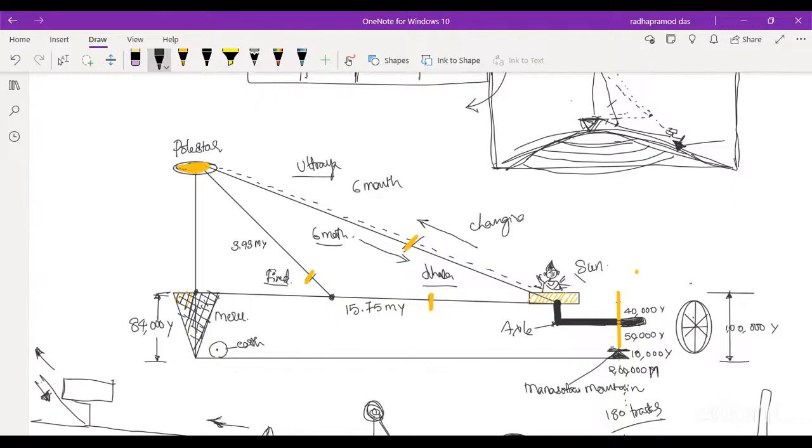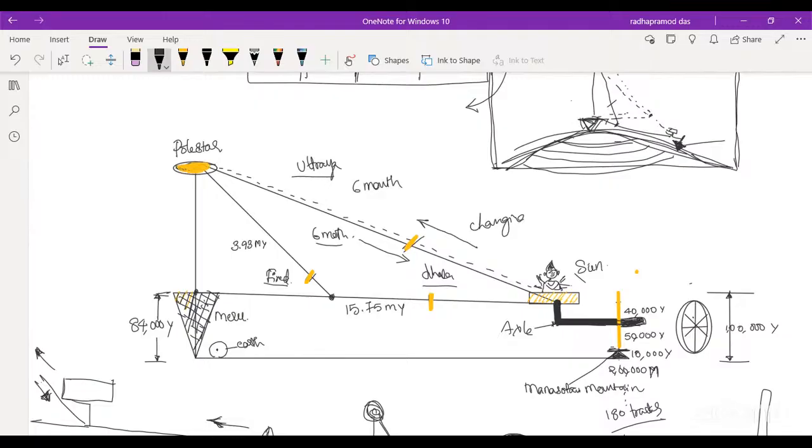After that, at 50,000 yojanas is the chariot's axle, the height where the axle starts. Then the chariot size will be almost 40,000 yojanas, of the sun god.